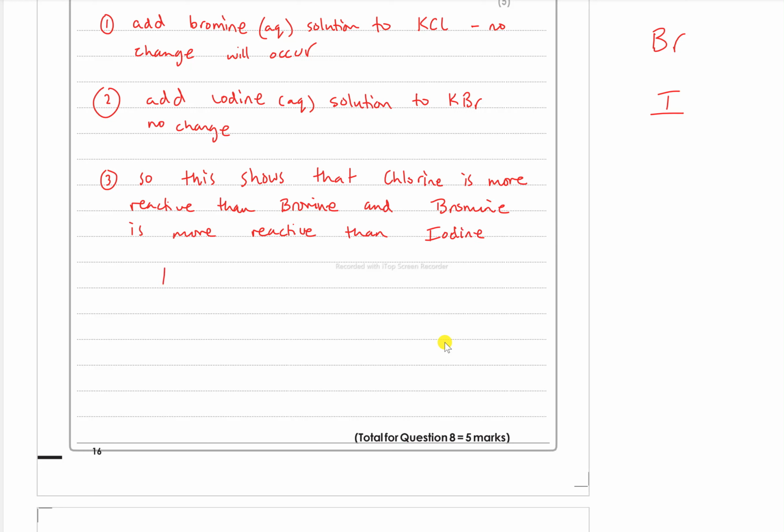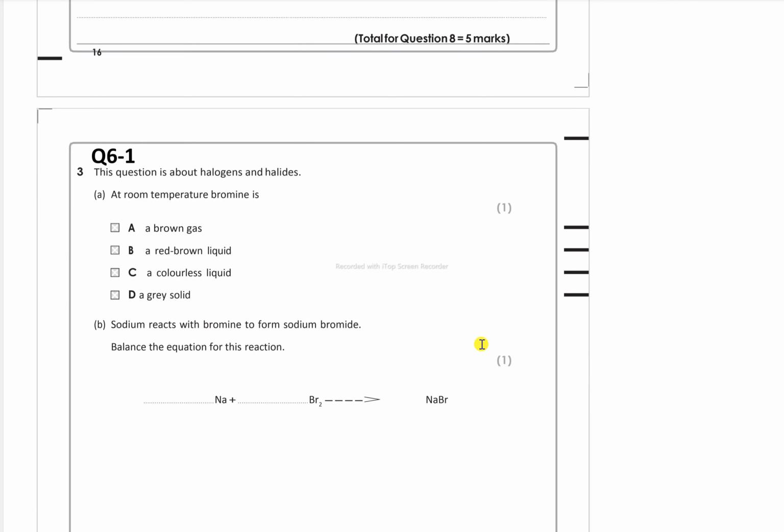So you end up with chlorine most reactive, bromine, and iodine least reactive. And just leave it like that. That's it. Okay.